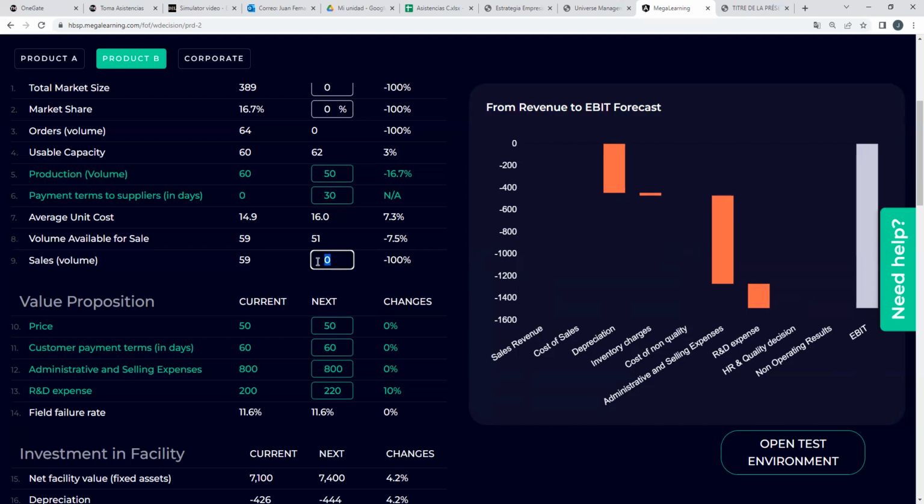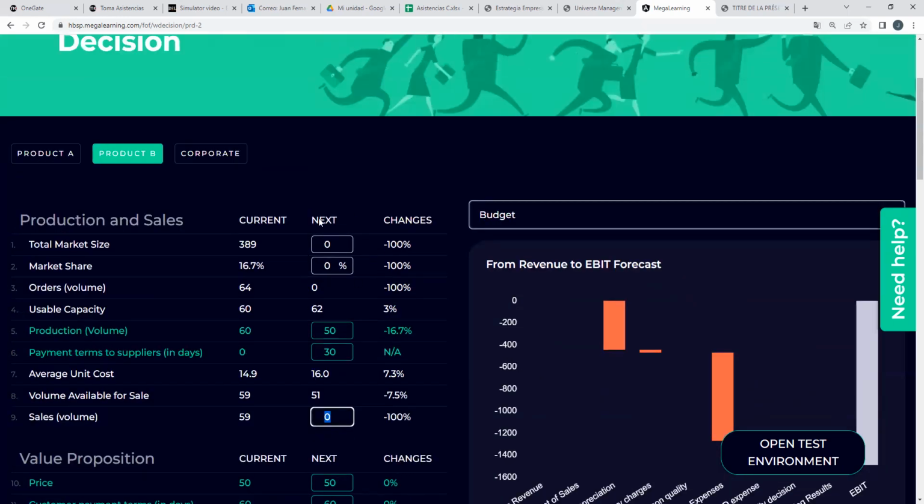The other ones are assumptions. This means that in the last round, all the 6 companies of the industry sold 389 units of product B. And you guys had an equal market share of almost 17%, because the 100% of the market was divided into equal pieces, so each one of the companies has 16.7%.